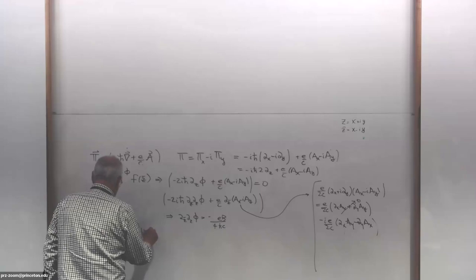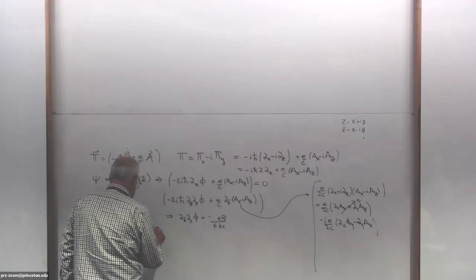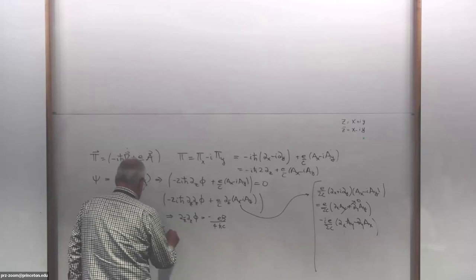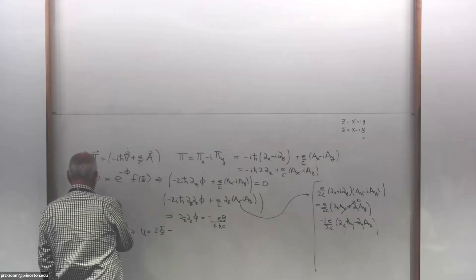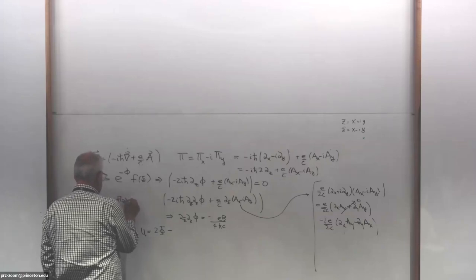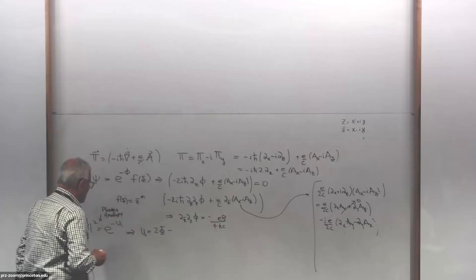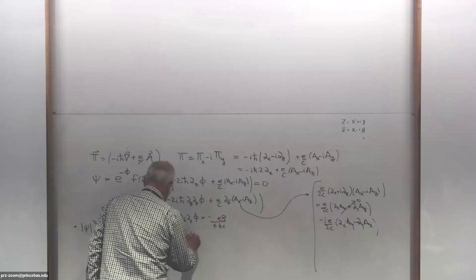U is 2 phi minus, and if I take, this is for the case where f of z bar is z bar to the n, okay, minus 2n log z.